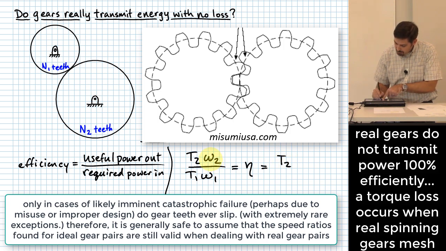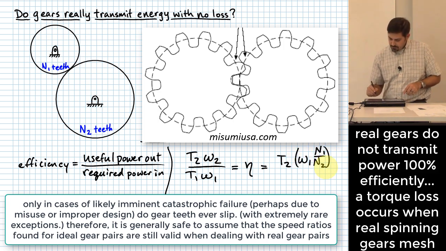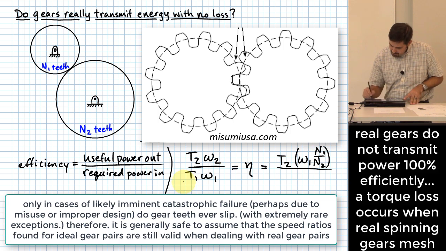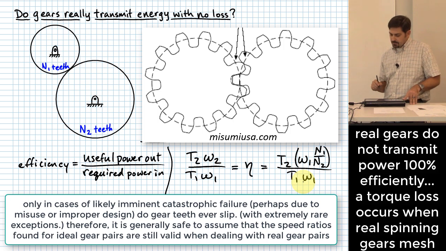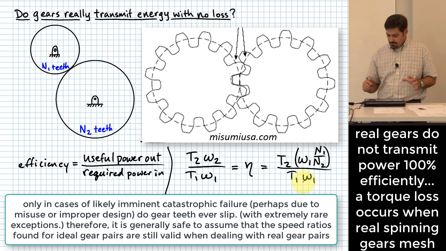What if I rewrite omega 2 as omega 1, the way I did up here, times N1 over N2, and then I divide all of this by T1 omega 1. So here's my question: is there any way for there to not be this ratio between omega 1 and omega 2?